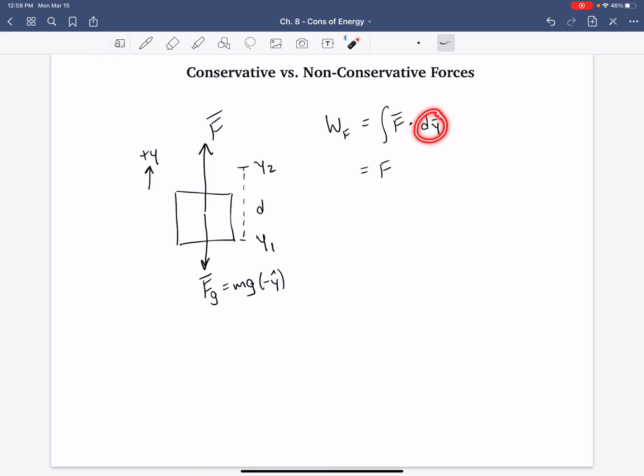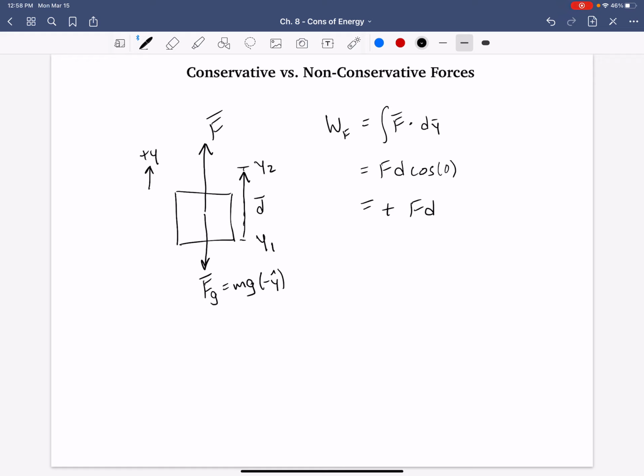If we integrate over dy, we effectively add up all of these tiny displacements such that overall we get d. So it's F times d times cosine of 0, since 0 is the angle in between F and the displacement. And so the work here is positive Fd, whatever that number is.